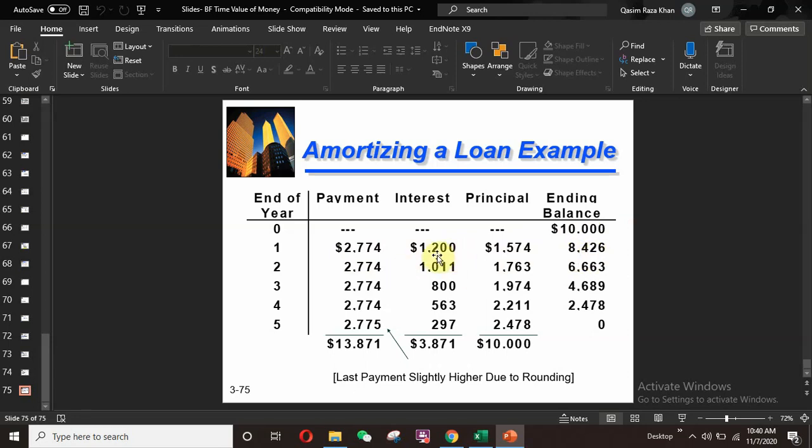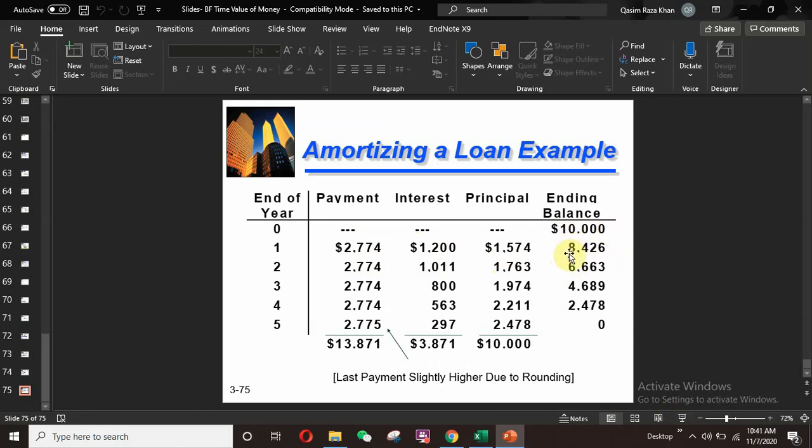So from this, we learn that the annual payment of Julie Miller is 2,774. From that payment, 1,200 is deducted as the interest payment, and 1,574 is deducted as principal. When we deduct 1,574 from 10,000, the remaining amount will be 8,426.